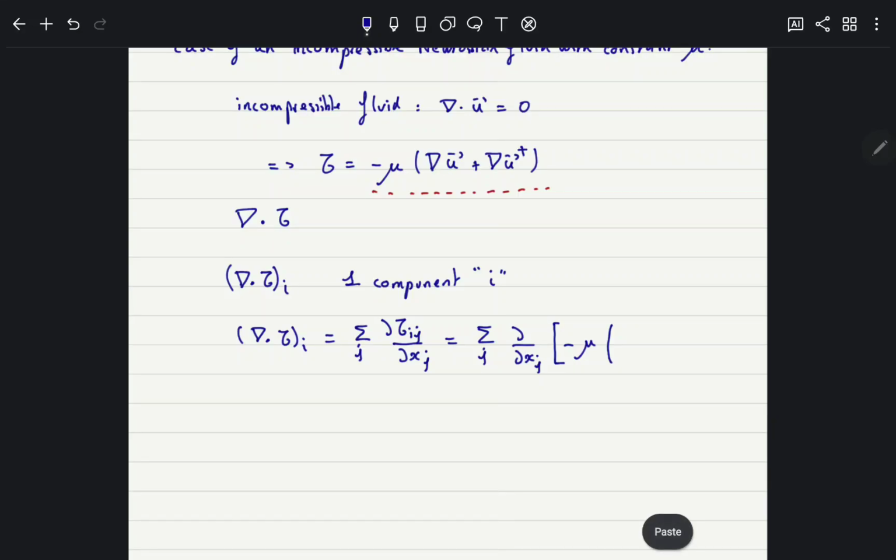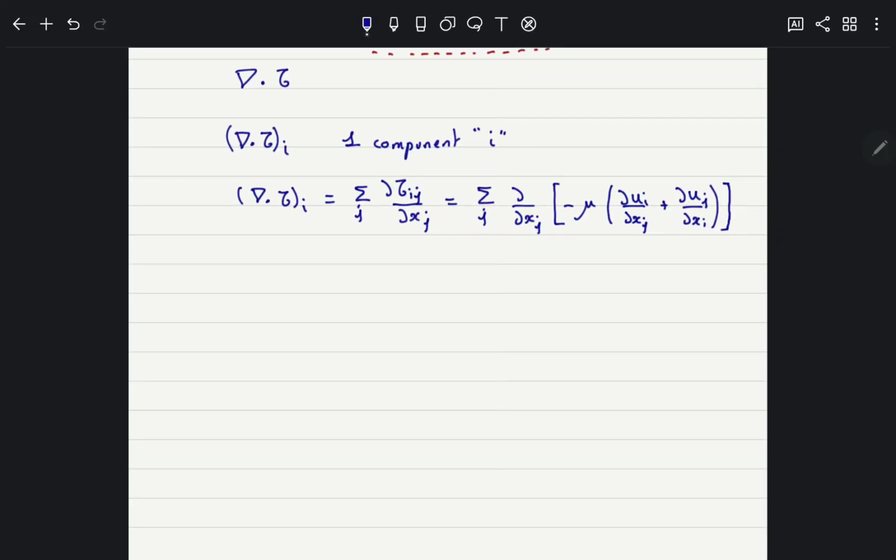And so the first term in that remaining viscous stress tensor would be written as the partial derivative of ui with respect to xj, and here we have the transpose, so that's going to give us the partial derivative of uj with respect to xi. Okay. And we're going to transform that expression a little bit further.